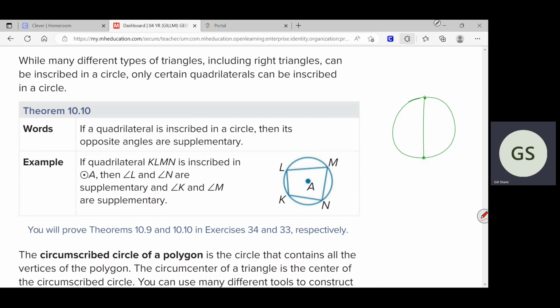For angle M, what is the arc corresponding with angle M? Use the two endpoints of angle M and tell me what arc.